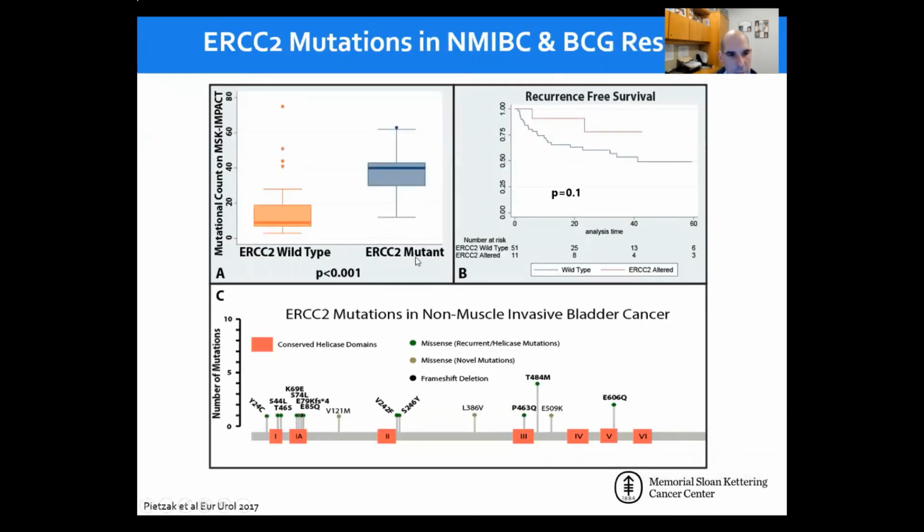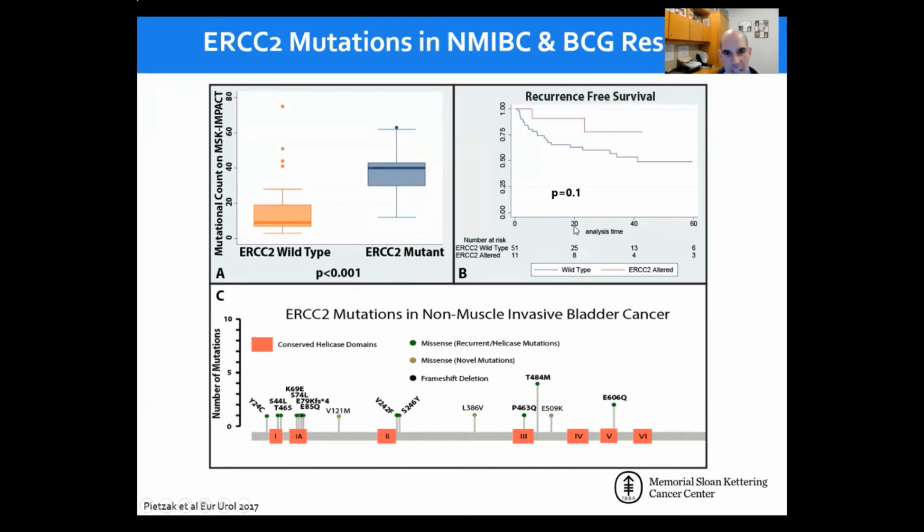When we looked at our experience in high-grade non-muscle invasive specimens, as previously mentioned, ERCC2 missense mutations are associated with higher mutational burden. And these mutations, just like in muscle invasive disease, cluster around the helicase domain, which is particularly responsible for unwinding DNA. So very similar mutations.